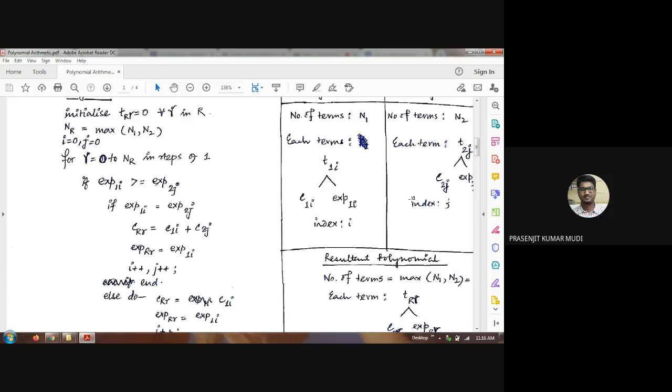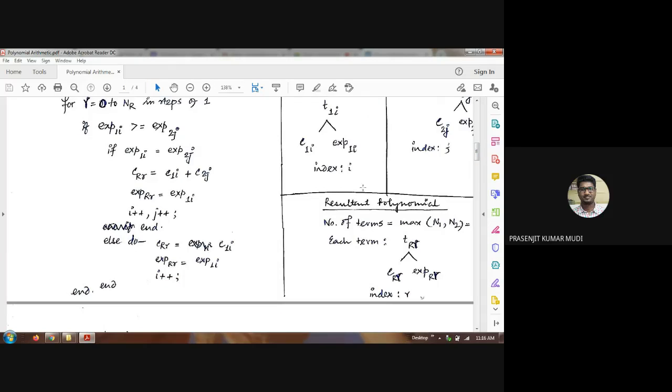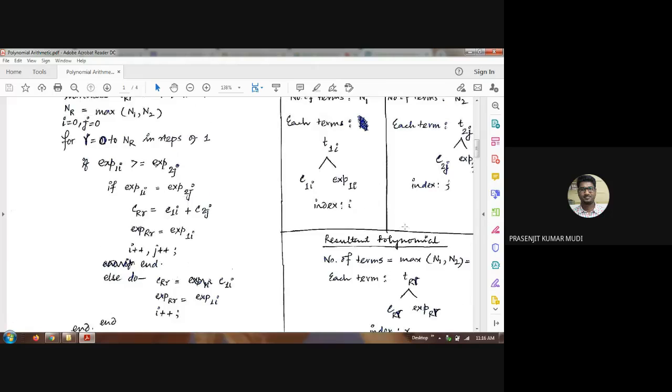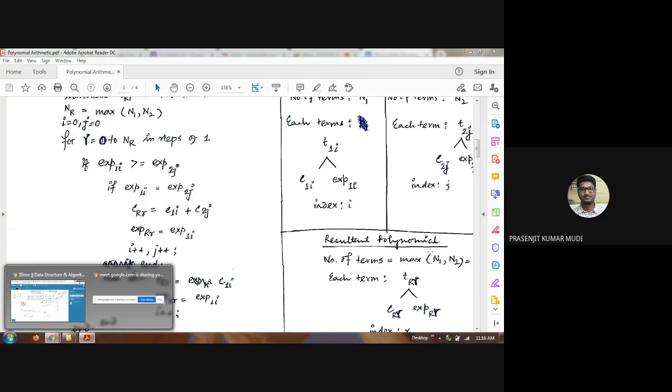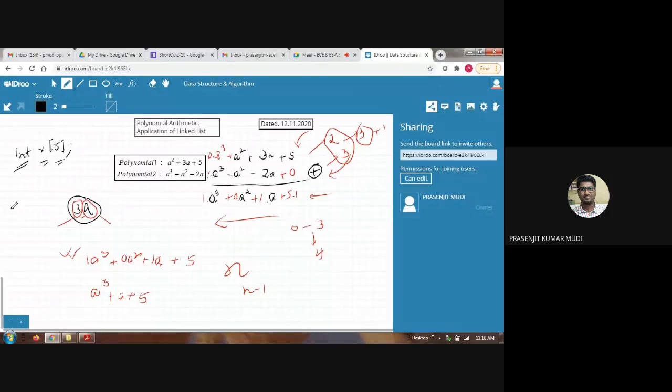Now, in the resultant polynomial, the number of terms will be the max of n1 and n2. That is the number of terms, and it is equal to nr, capital N, capital R in superscript.